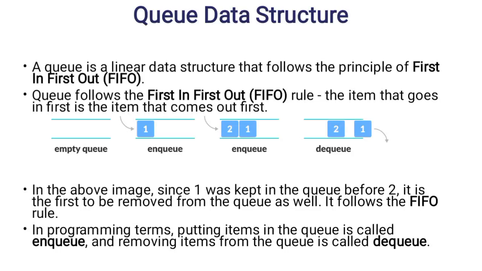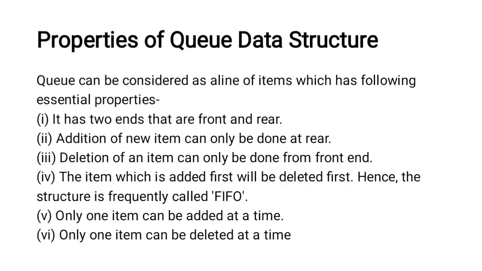On the second diagram, we firstly added one. Then on the third diagram, we added two. But on the fourth diagram, we removed one. We firstly inserted one, and we first remove one, meaning that the first element added into the queue will be the first element to be removed from the queue.